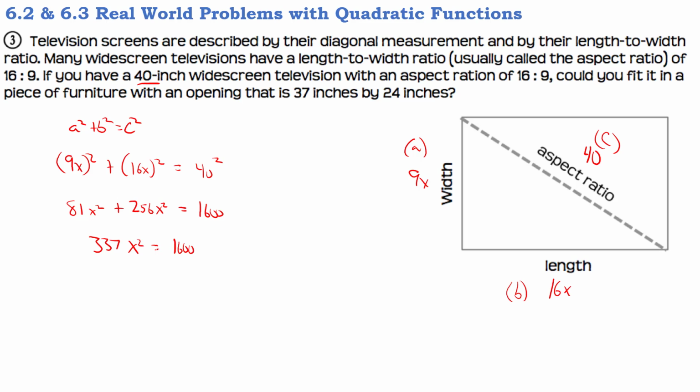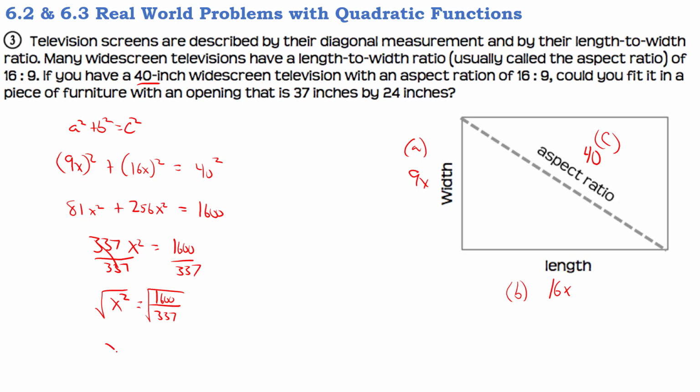Now we need to solve for x. So what do we do? We need to divide by 337 on both sides. I'm just going to leave it in fraction form for the time being, 1600 divided by 337. And then to get rid of that square, we're going to take the square root of both sides.